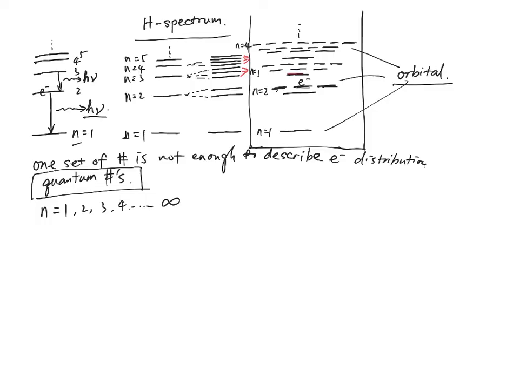This is what we call the principal quantum number. There also is a common name for it. We also call it the shell number. Why do we call it the shell number? We'll explain in a bit. But this is the principal quantum number.